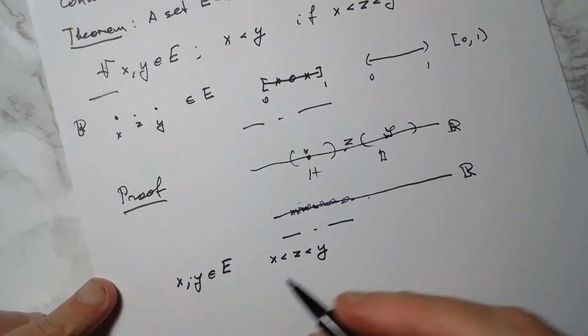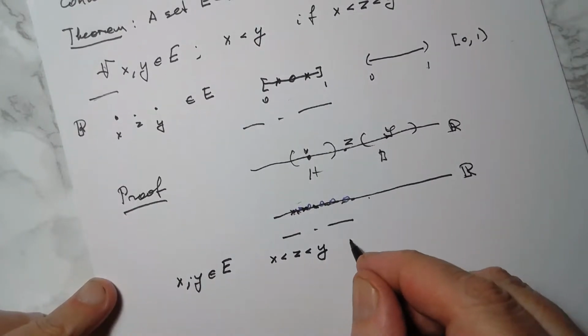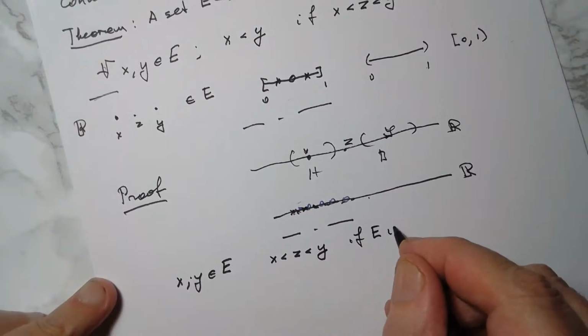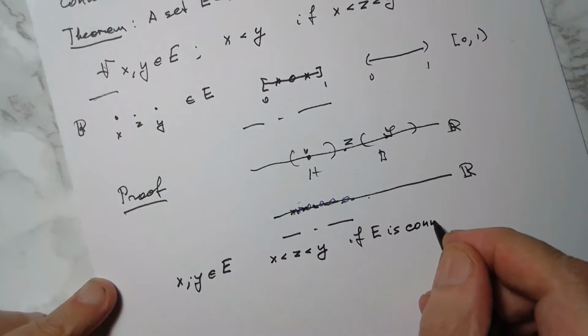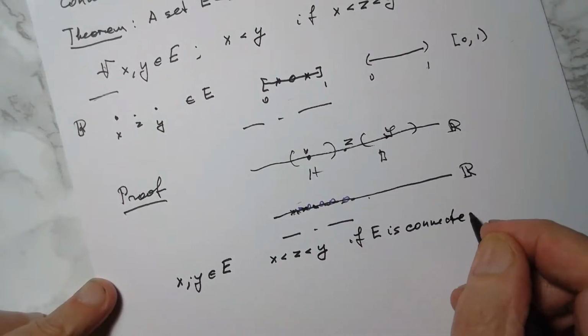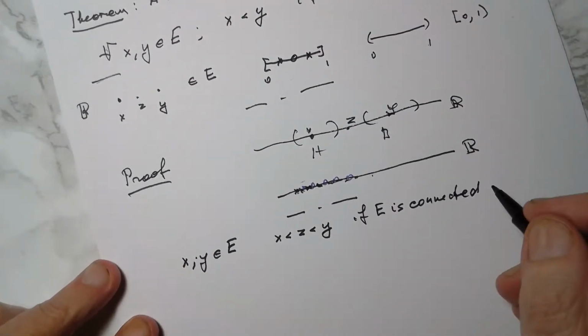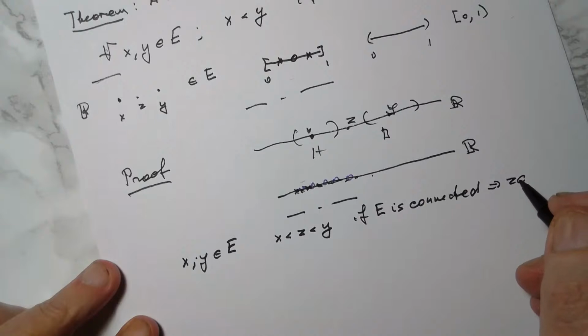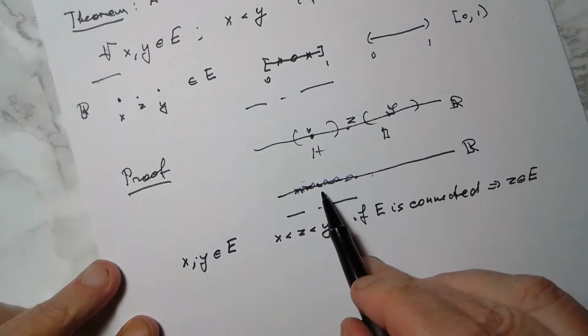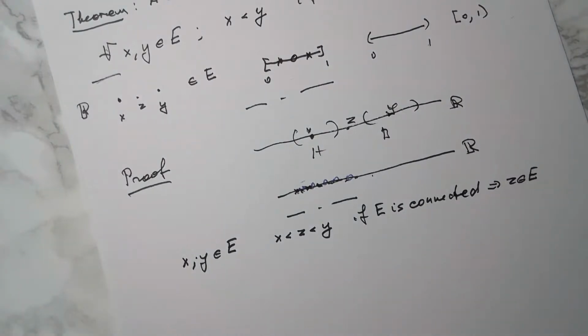And what I want to do is say that if E is connected, meaning if E cannot be written as a union of two separated sets, then z belongs to E. And remember this picture that I was showing you, that the two sets can be very mixed up.